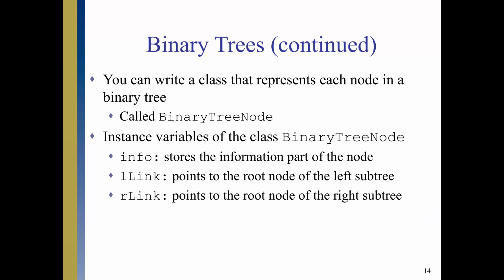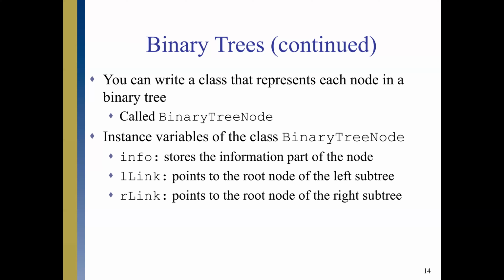So if we have a binary tree node, the instance variables will again be the info. The info is where we store the data, like in a linked list. When we do a simple linked list, one node has two parts, the info part and the address of the next node that it is pointing to. Then when we do the doubly linked list, we have three parts: the info part, an address pointing to the previous node, and also an address pointing to the next node.